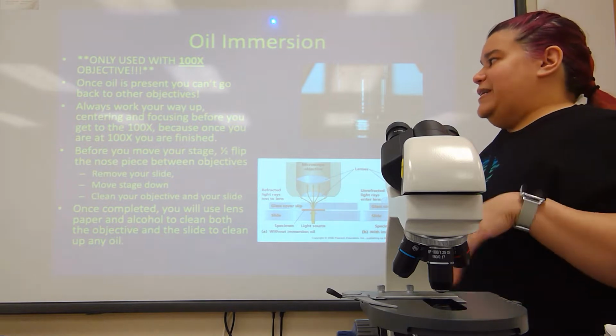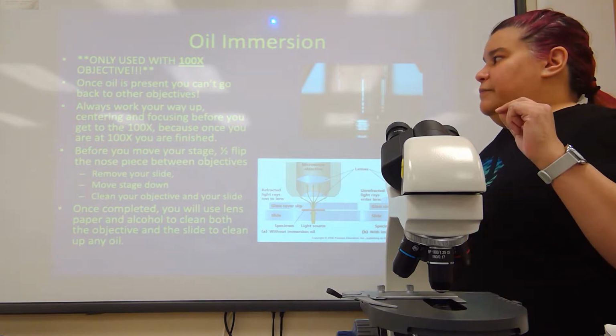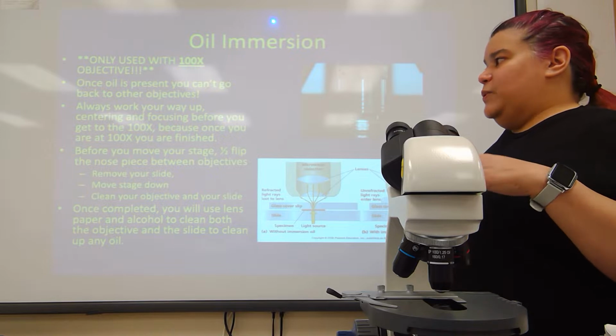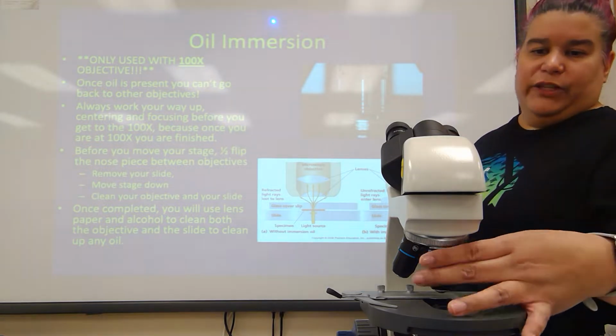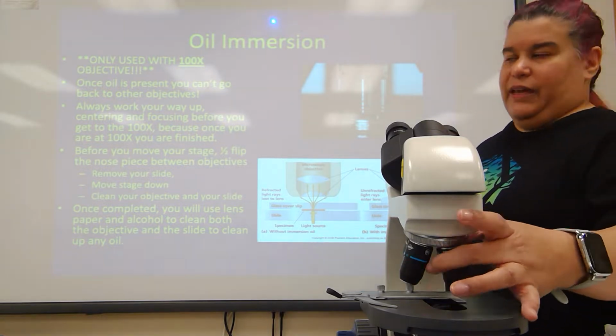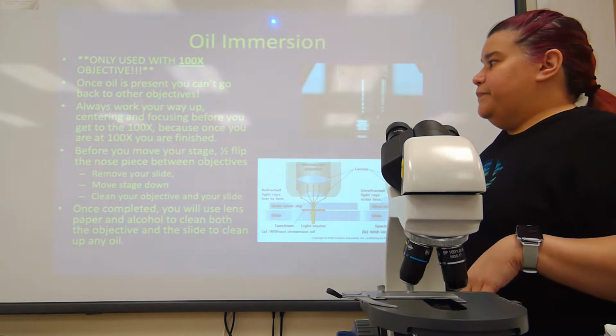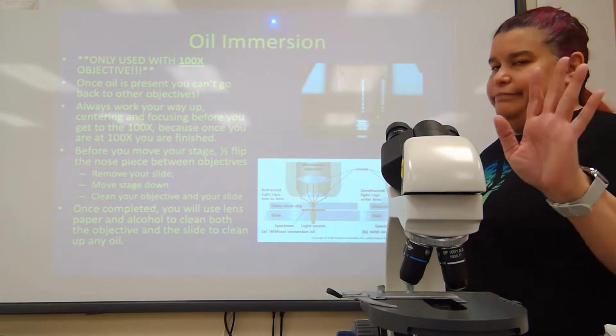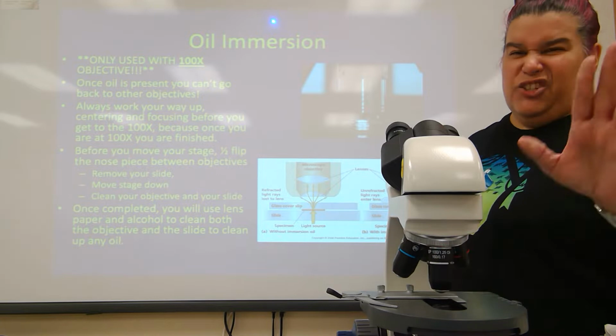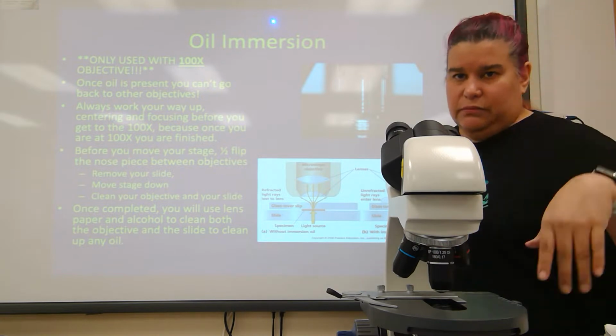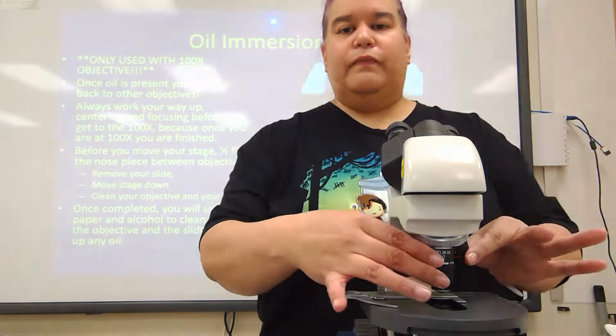Before you move your stage, flip the nose piece between the objectives. Like I said, you're going to kind of do that half thing. Okay. So let's say I'm finished. I'm done. I've finished with my slide.